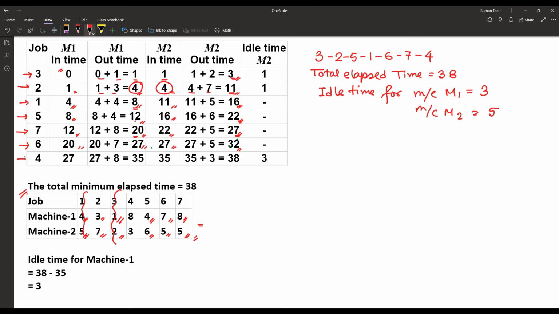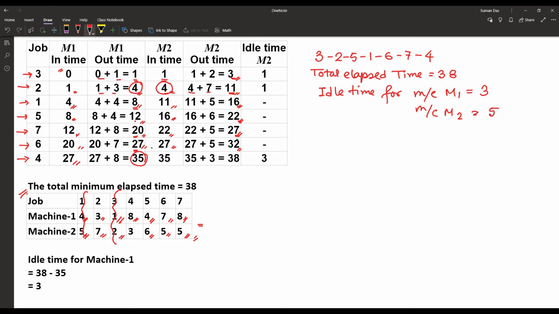Next the final job 4, machine M1 starts at 27, its processing time is 8, so it ends at 35.